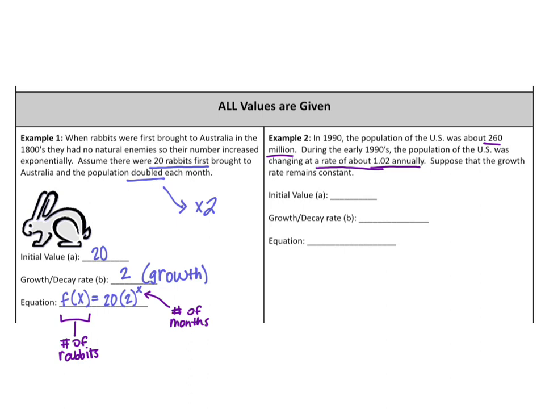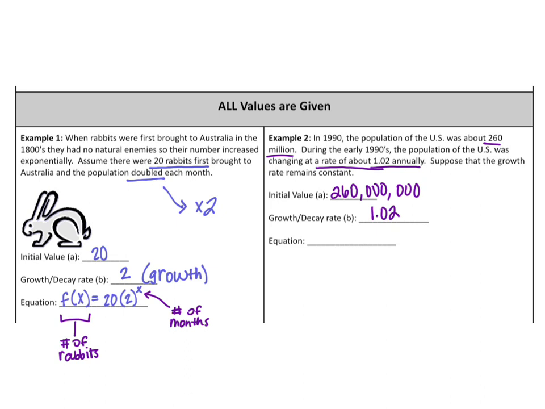So the initial value is 260 million, and I'm going to write it out in millions. Sometimes you might just write 260 and say it was in terms of millions. And that growth or decay rate is 1.02. This is another example of growth because it is bigger than 1, only slightly bigger, but still bigger than 1.